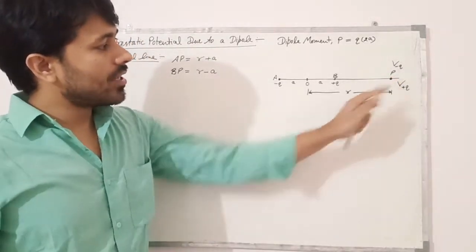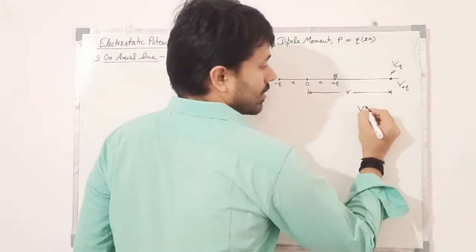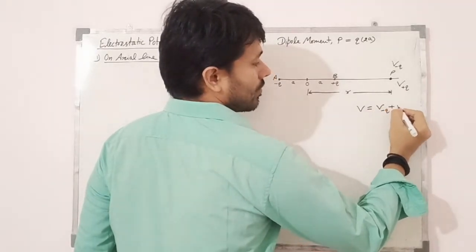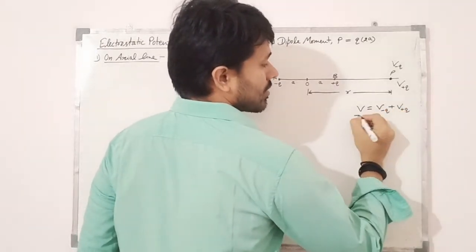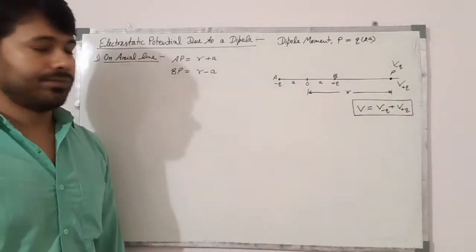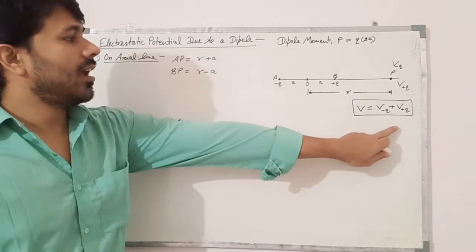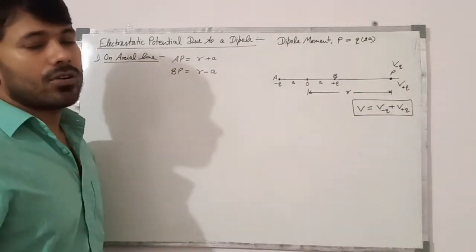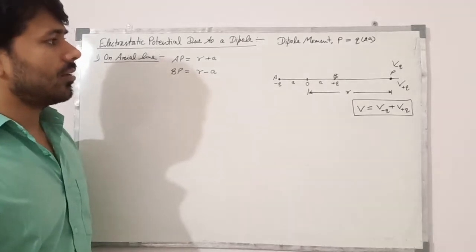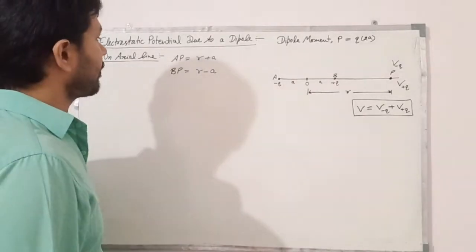So the net potential here is V equal to V minus Q plus V plus Q. This is our net potential: a direct scalar sum, an algebraic sum. Directly add them, because potential is a scalar quantity, so don't worry about direction.